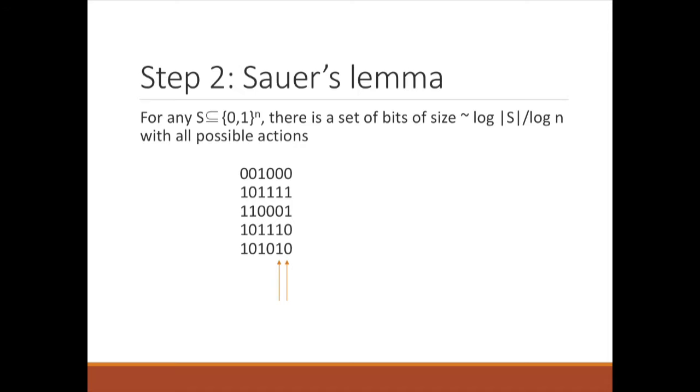Okay, so on those bits you have every possible pattern. And you have a guarantee on the size of the set. The size of the set would be log s divided by log n, at least. So it's always, if s is like 2 to the n, or 2 to the poly n or something, you will always have a largish set of positions where you have every string if you just restrict to those positions.